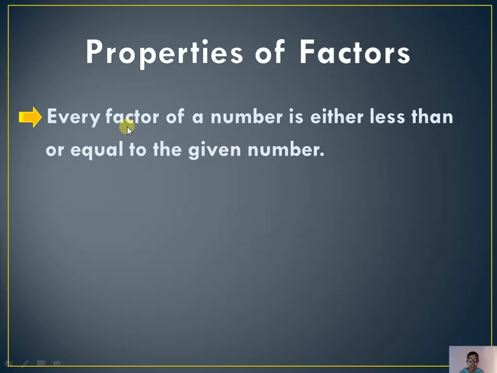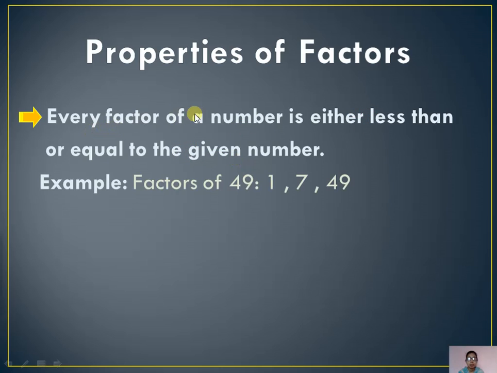Next property is every factor of a number is either less than or equal to the given number. Every factor of a number is less than or equal to the given number. It means any factor of any number will either be less than that number or equal to that number.